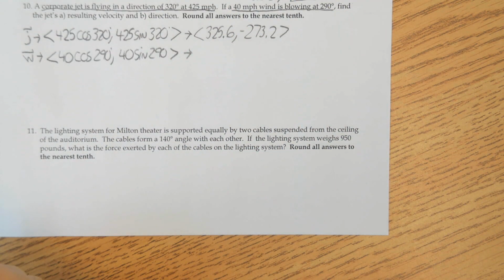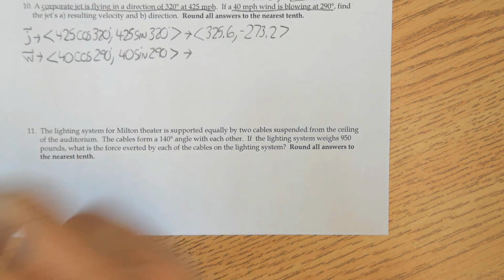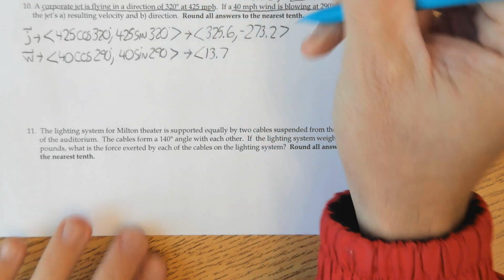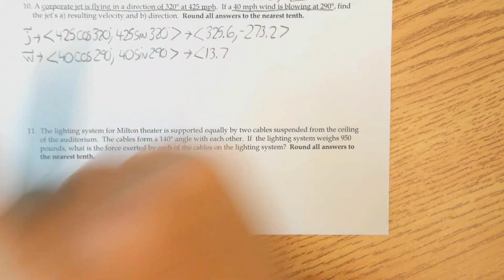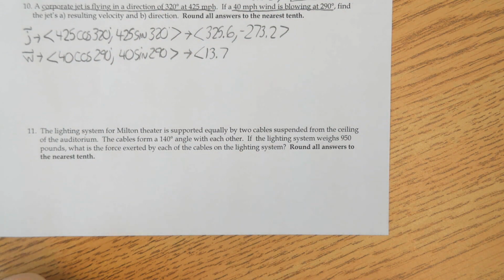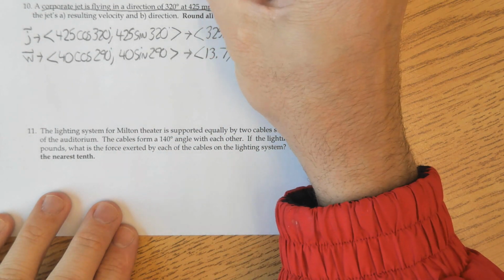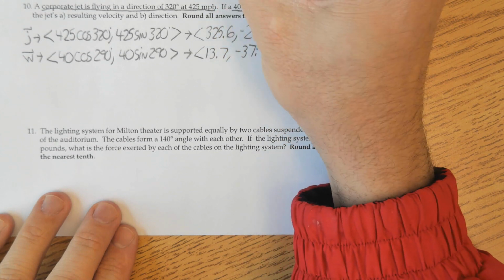So let's go ahead and plug that in. 40 cosine 290, and we get 13.7, rounding to the tenths. And then we're doing 40 sine 290. And I got a negative 37.6.